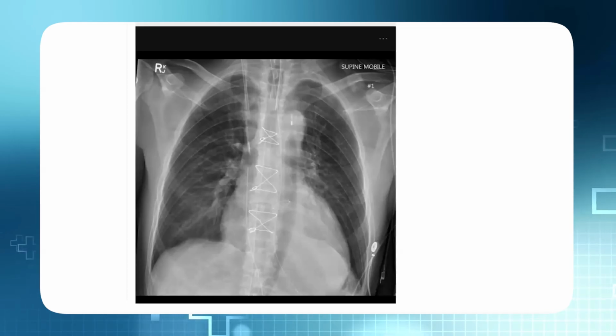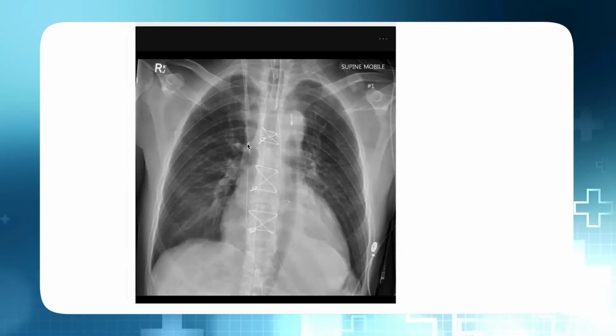Anything else? Some catheter in the heart, pericardial space. ECMO catheter. Right jugular. Yes, ECMO catheter is there.